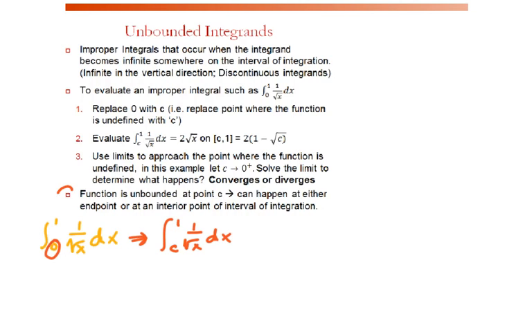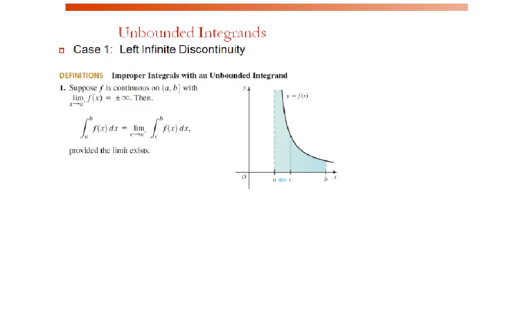One last point here, and I did make it on the prior slide. The function can be unbounded at either the endpoint or an interior point. So let's look at a case. This is a left infinite discontinuity. So this is the first case.